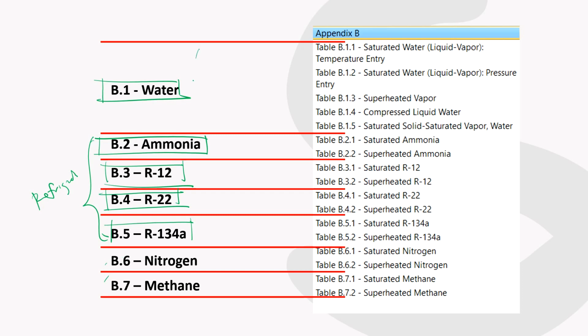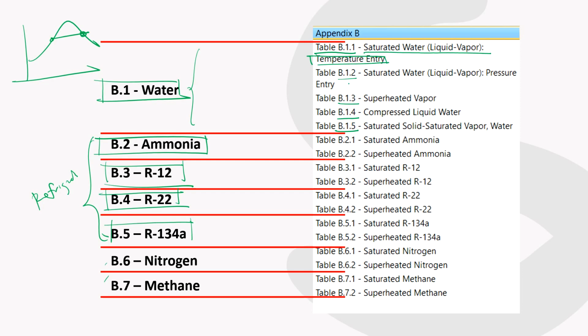Even for just water, there are subtables here, B.1.1 all the way to B.1.5. Each table actually corresponds to the regions in the diagram. Say B.1.1 refers to saturated water, liquid-vapor, the mixture anywhere in between, right here in between, and the entry is temperature.